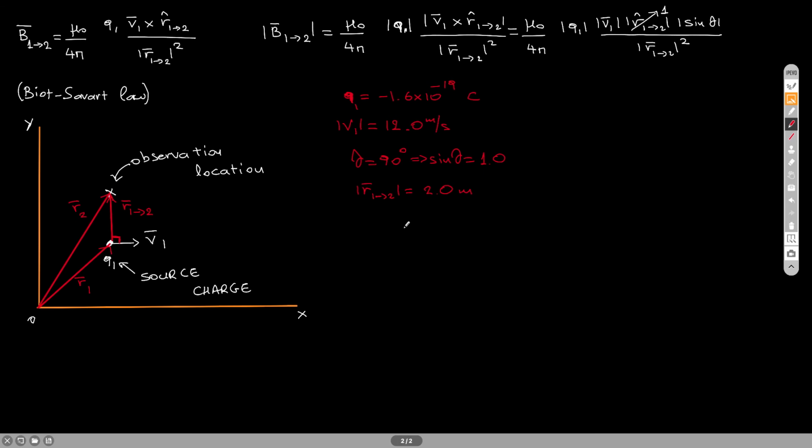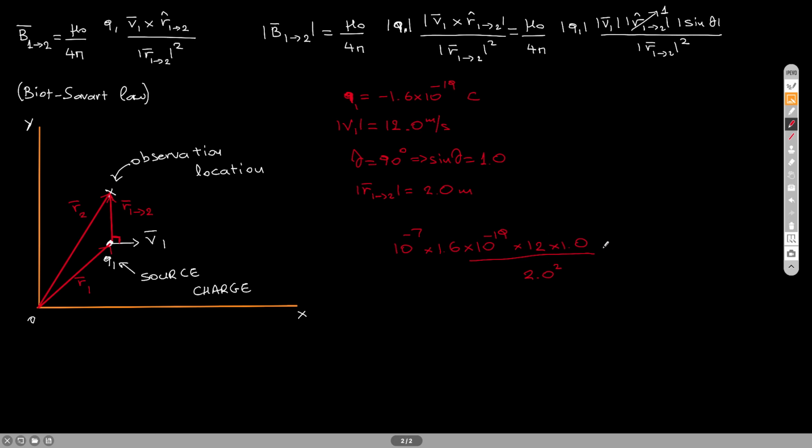So for the calculations, I have the constant 10 to minus 7, the absolute value of the charge Q1, and I don't have to worry about the minus sign since I'm using the absolute value. The speed times the sine of theta, which is 1, and I have to divide this with 2 squared.